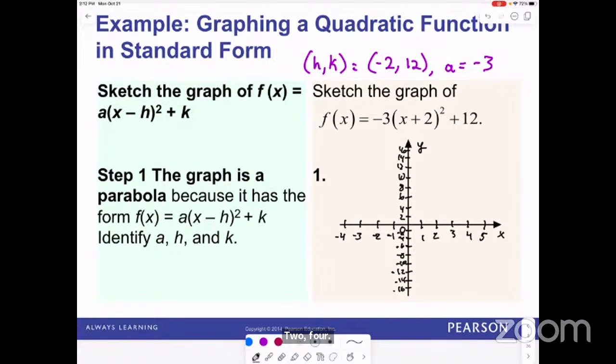Okay, so let's start with the vertex. All right, so -2, 12, and we've got our axis of symmetry. Our axis of symmetry is going to be the x coordinate of the vertex, so that's going to be about here.